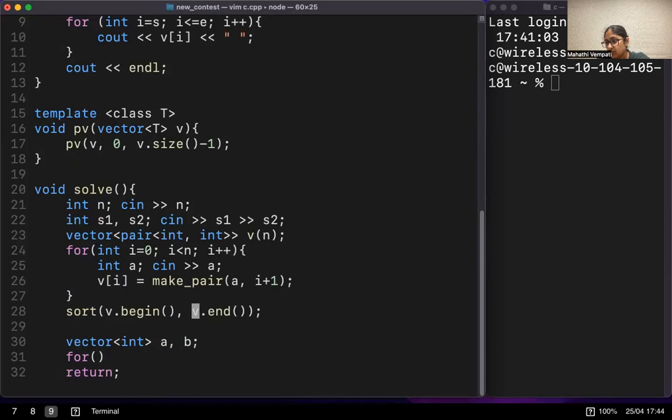So you want to sort in descending order, right? Shit, I don't know the sort in descending order. I forgot. Okay, let's just do for i is equal to n minus 1, i greater than or equal to 0.